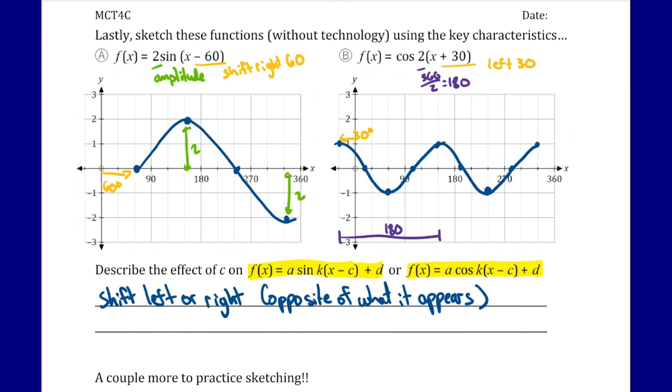If I have a negative C value indicating that I move to the left, in the equation, minus a negative appears as a positive. So that's why we do the opposite of what we see.